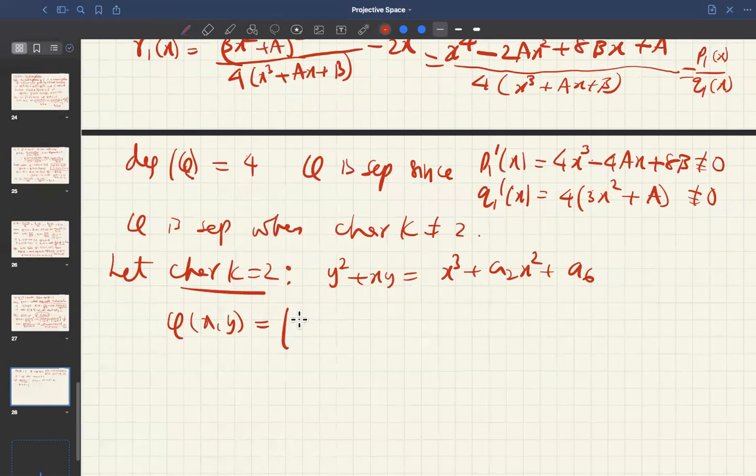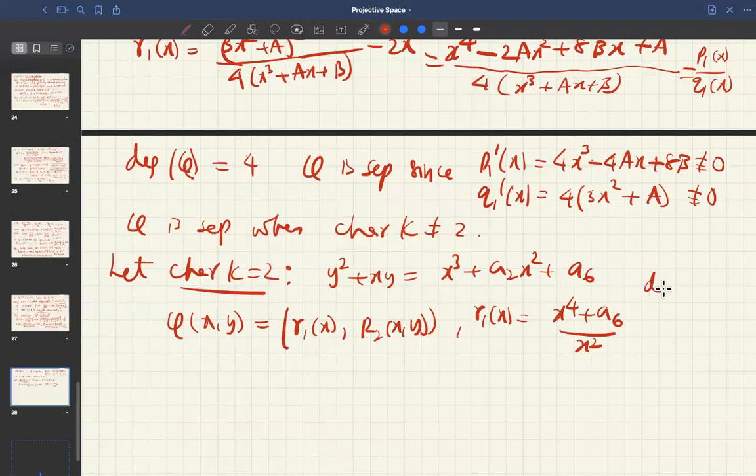If you write the doubling in this form, r1(x) and r2(x,y), we won't go into the r2 part. The x coordinate of the doubling r1 of x is x to the 4 plus a6 over x squared. So the degree is still 4, so the degree of phi is still 4, because the maximum of 4 and 2 is 4.